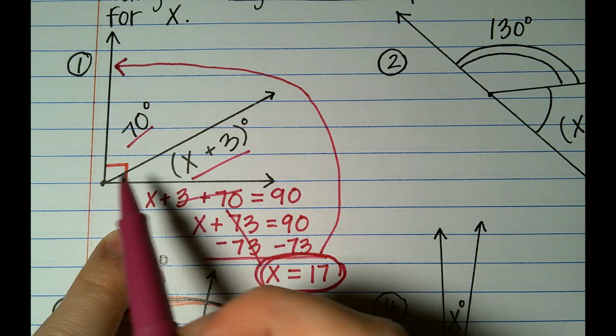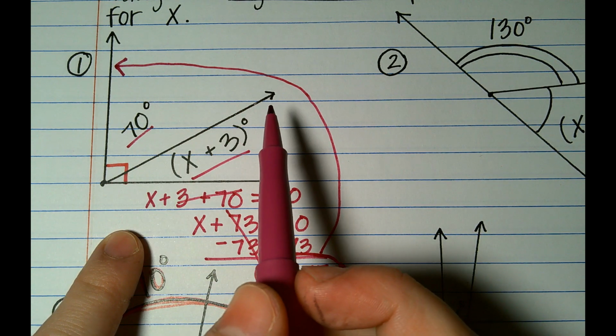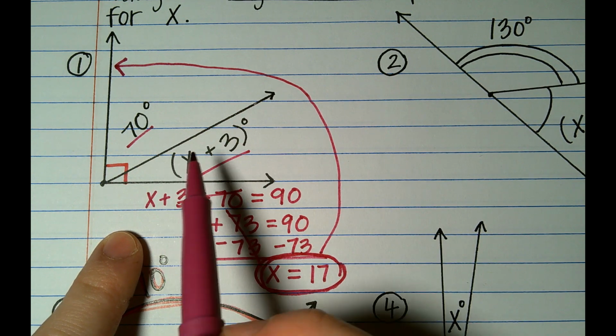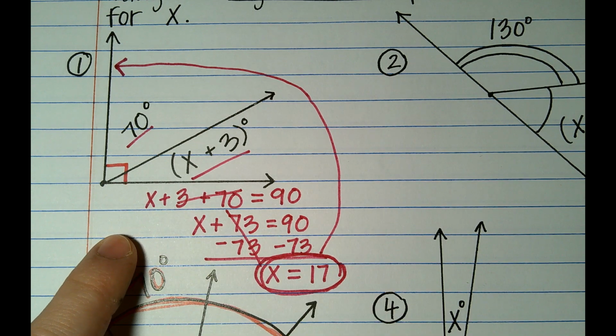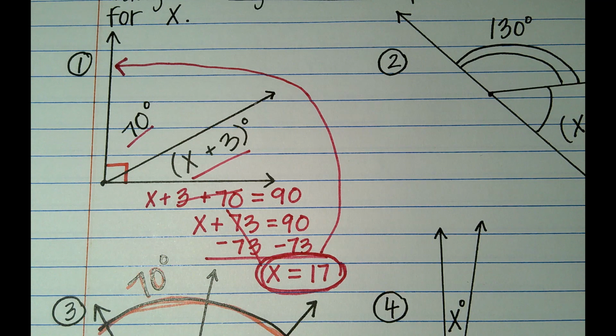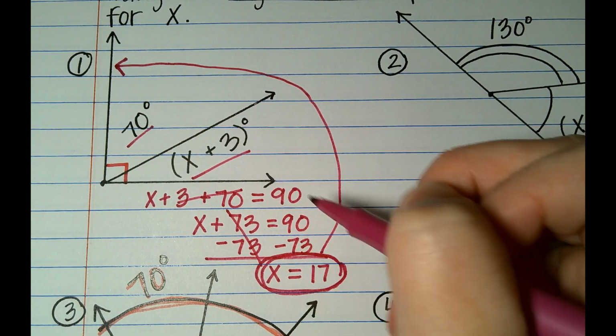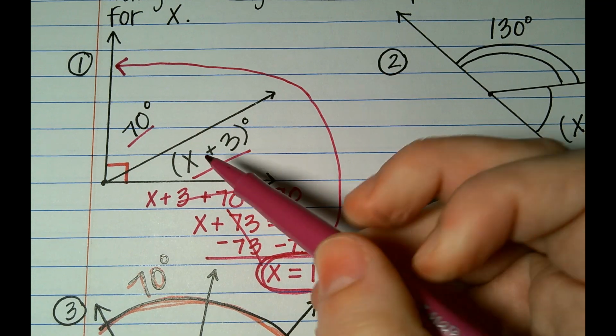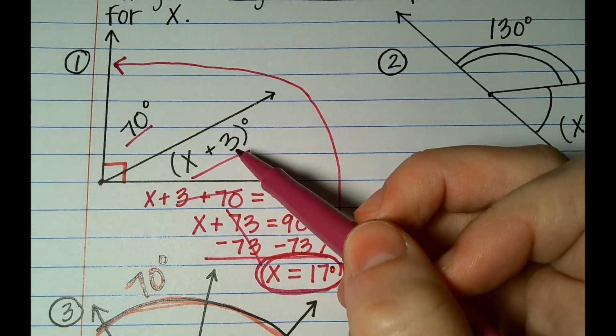That doesn't say that this angle is not 17 degrees. X is just 17. So it wouldn't be wrong if we did. I won't count it wrong if you don't put the degrees there, and I won't count it wrong if you do. Technically, you could put that there because it's really 17 degrees plus 3 degrees.